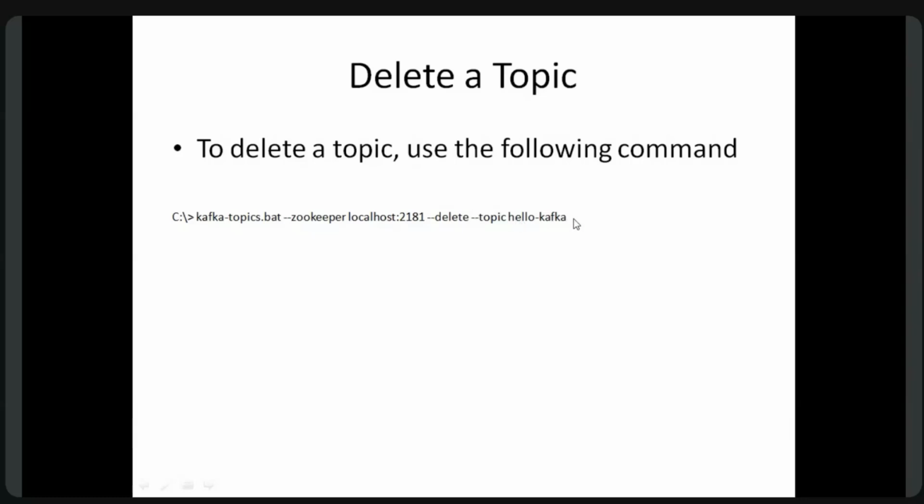Here my topic name is Hello Kafka; it could be anything, ABCD, XYZ, whatever. Press enter and that will delete the topic if it exists. Obviously it will not be able to find the topic name here, and it will give an error saying that the topic is not found.